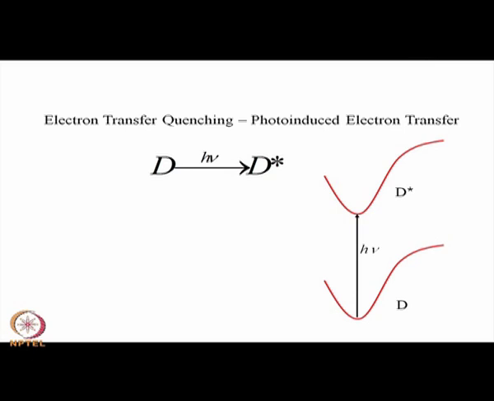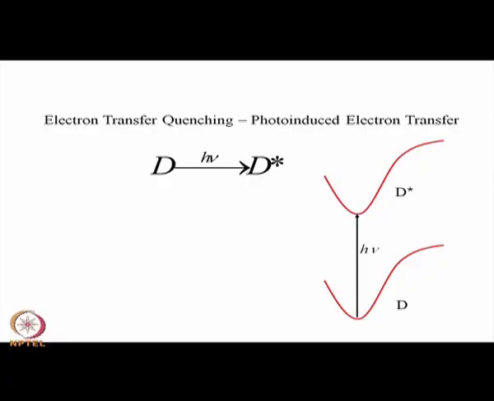You will get some amount of fluorescence emission, these fluorescence photons you will be receiving. But the moment you add some quencher, that is an electron transfer quencher, this quencher will accept one electron from the donor.